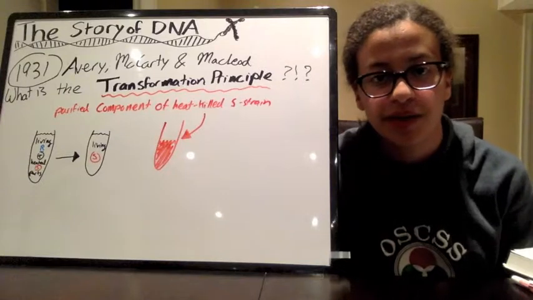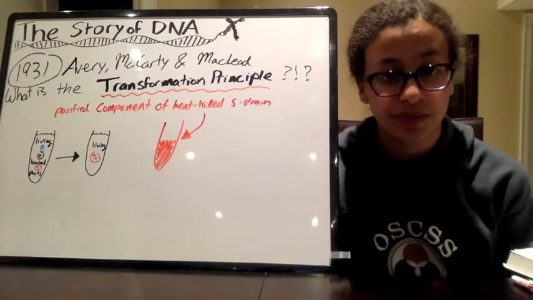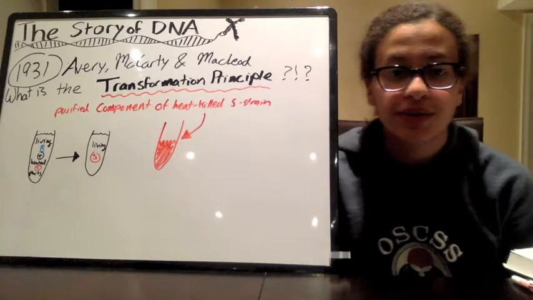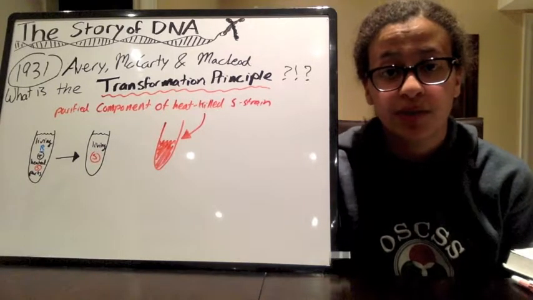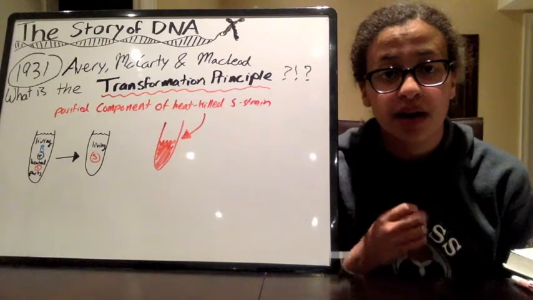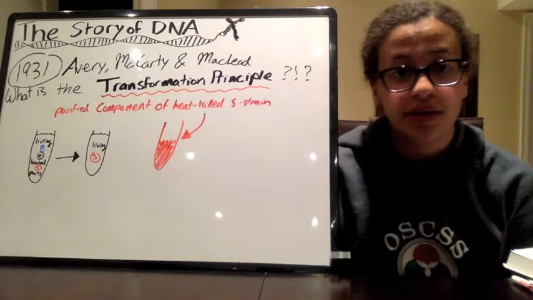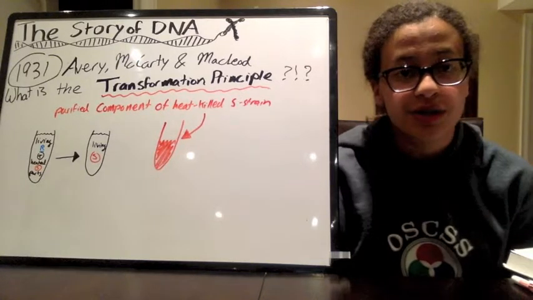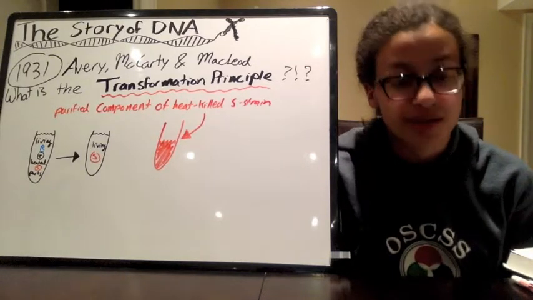Around the same time that Griffith was doing his transformation principle experiment with mice, Avery, McCarty, and MacLeod found out that you could actually do it without using animals, simply by growing the bacteria in culture and then looking at the changes that you see within the strains that are present in that culture.